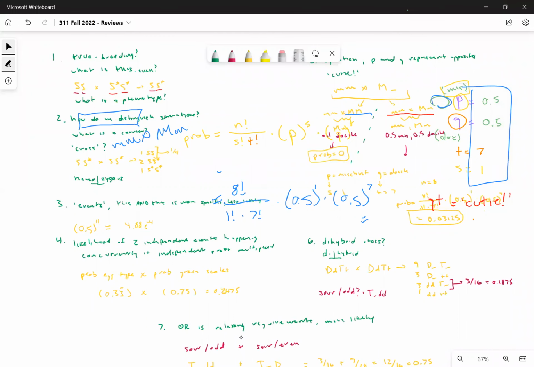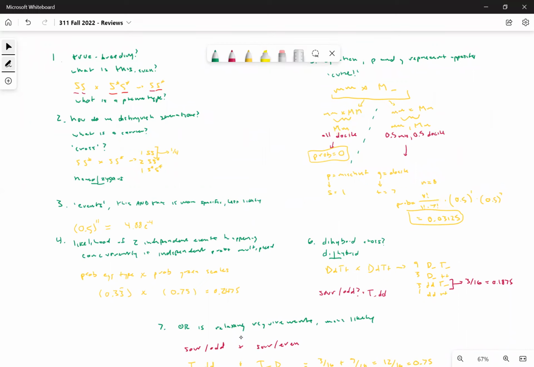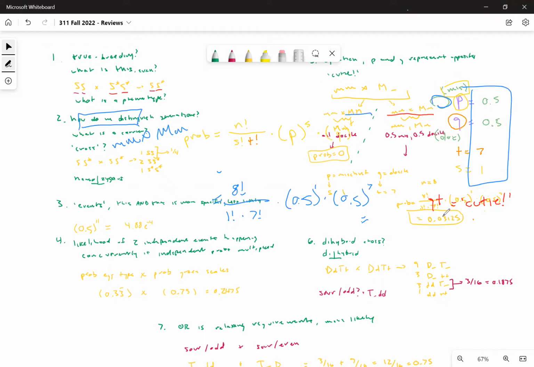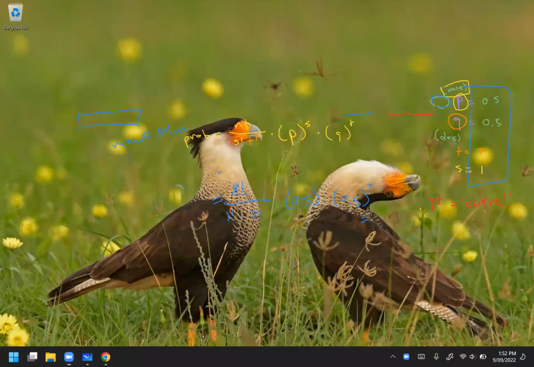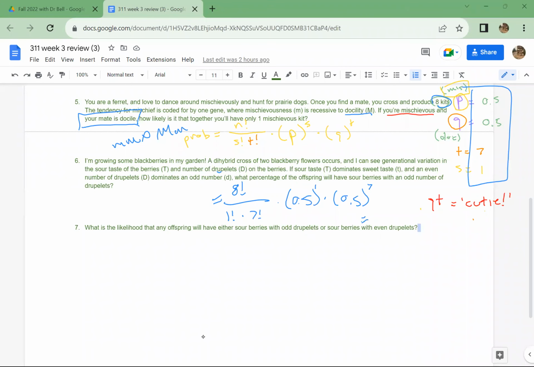Oops, that's messy. That gives us this number here, 0.03125. You know, that's kind of small. And that makes sense, as we were talking about earlier. When we have more and more specific requirements, like out of 8 kits, only having one of them be a specific way, even though it's just as likely to be that way as it is to be the other way, being docile.